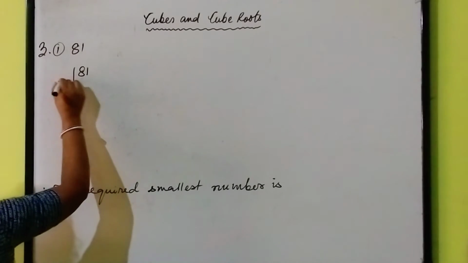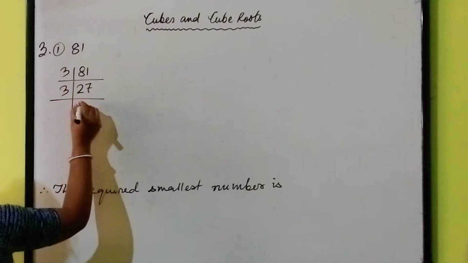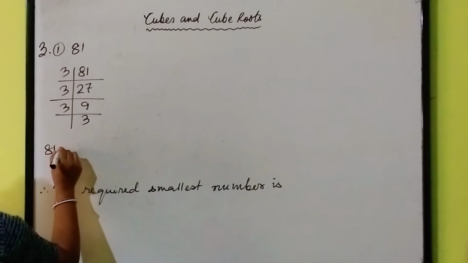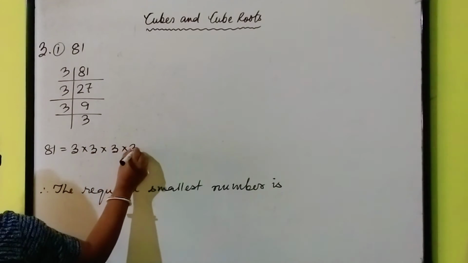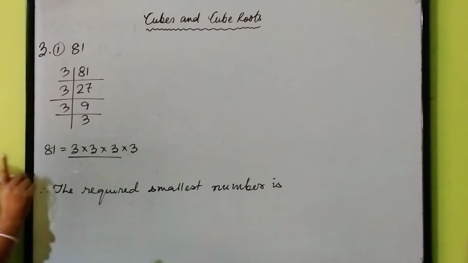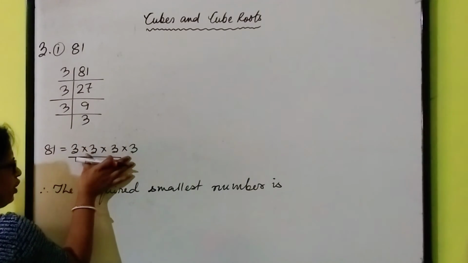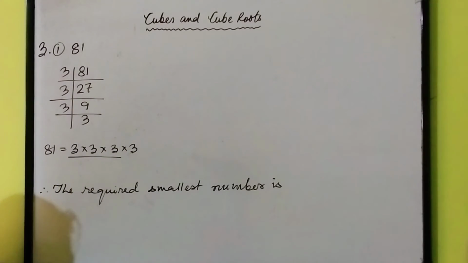81 is 3, 27. 3, 9. 3, 3. So 81 is 3 into 3 into 3 into 3. Now see, you have to divide, remember it. That means here, my dear students, this is the factorization of 81. If you divide by 3, these 3 will get cancelled.